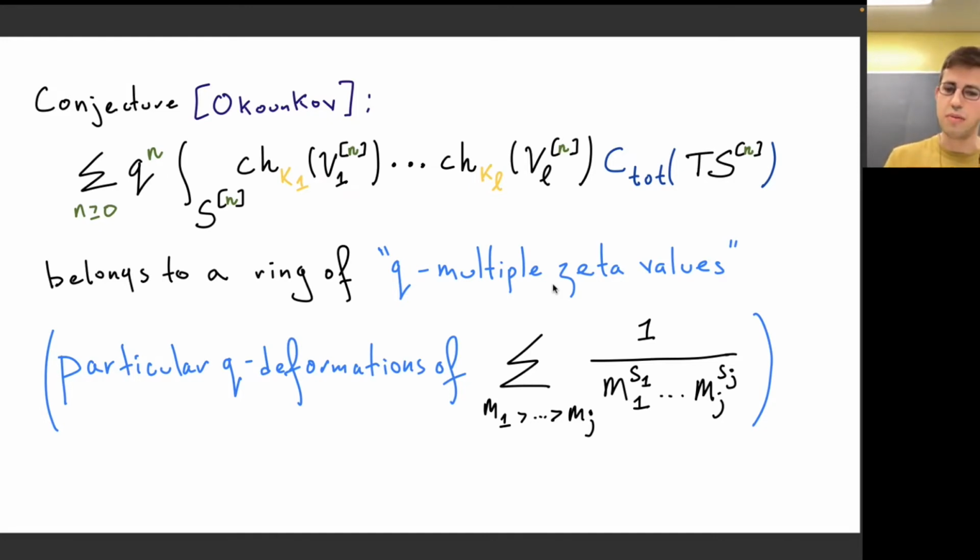And if I allow myself to sum over some kind of sectors, then I get what are called multiple zeta values. And these are expected to be deformations thereof. So this ring contains quasi-modular forms, but it's a bit bigger. These series somehow live in the modular world, whereas the K-theoretic ones live in the world of rational functions.